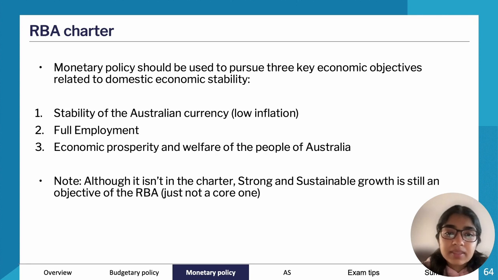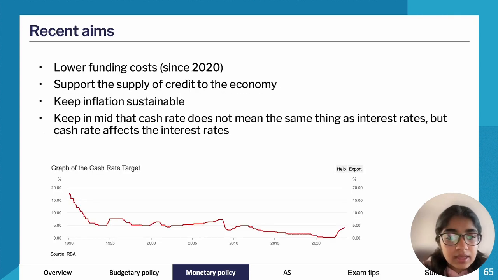Monetary policy, yes, it is pursued for all three objectives, but price stability, so low inflation, is the number one objective. That's your core objective, the underpinning objective that rules the RBA. Let's say you look at this flat part here.